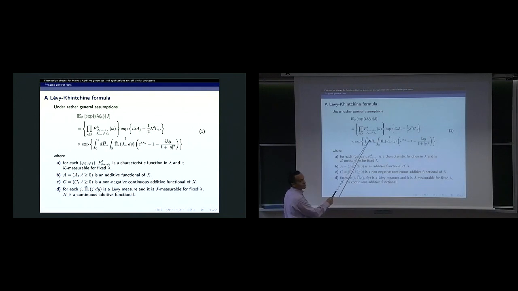This is giving us the rate at which jumps happen in time. And this is giving us the size of the jumps, and the size of the jumps depends on the position of J. But for each fixed J, we have a Lévy measure, because the process is a process with independent increments.